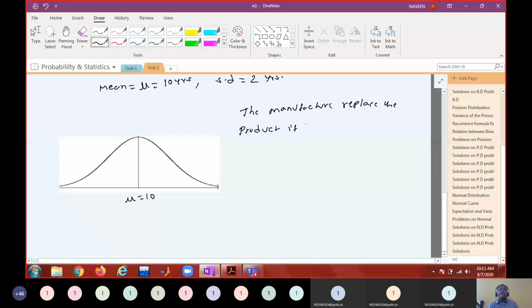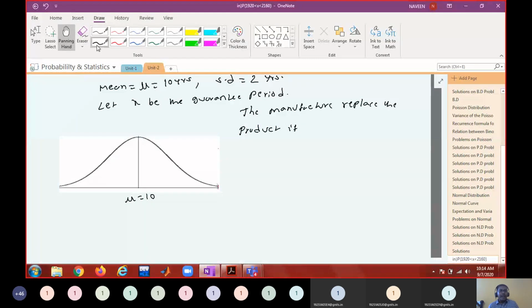Let x be the guarantee period. We don't know what x is. Some motors perform 10 years, some 9 years, some 12 years, some 8 years. So the average lifespan of all those motors is 10 years. Among this data, he wants to give a certain number of years as a warranty. We don't know that at present.